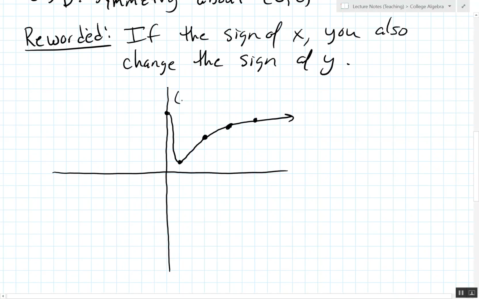So this point here is labeled, let me see, that's 0, 1, 2, 3, 4, 5. This is 1, 1. This is 3, 3. This is 5, 4.